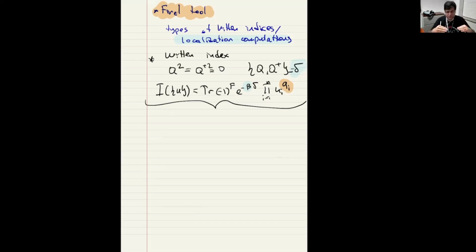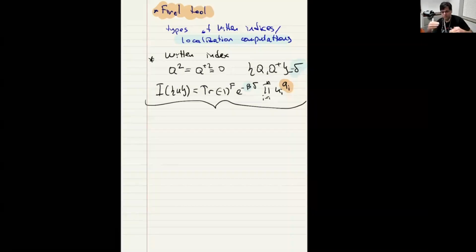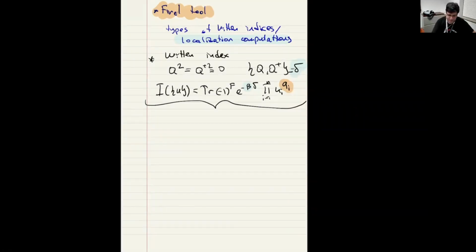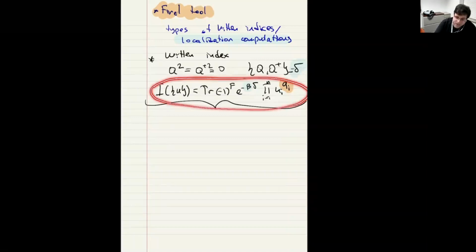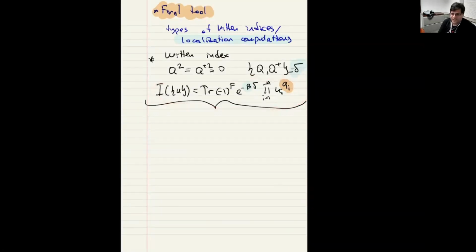When you have a theory which depends on a parameter, the delta quantum number of states can change, but it can only change in such a way that if certain states had delta equal to 0, they can acquire delta not equal to 0 in pairs with opposite fermion number. So this type of index is an invariant, independent of such continuous deformations.